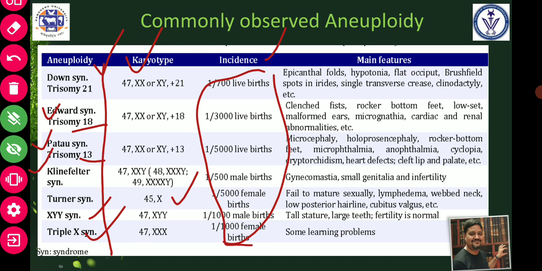Then what are the main features? You can note the features of these syndromes, although these features are of humans, and you can refer to some standard textbook. You can see the pictures of these individual syndromes in the books. So these are the commonly observed aneuploids in humans.